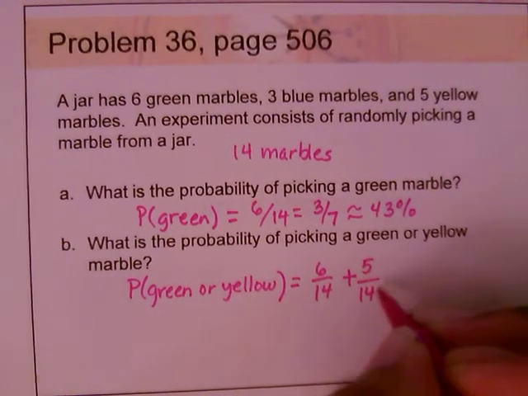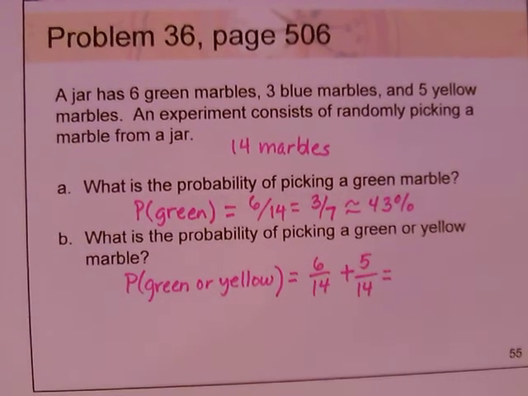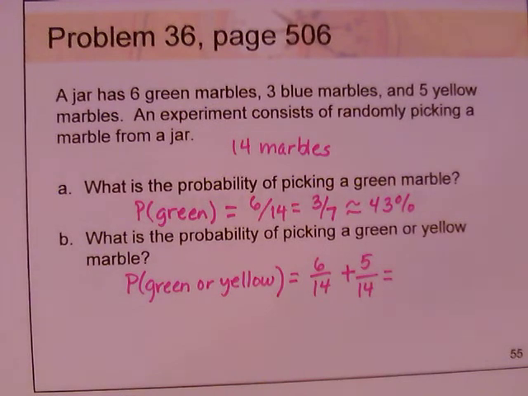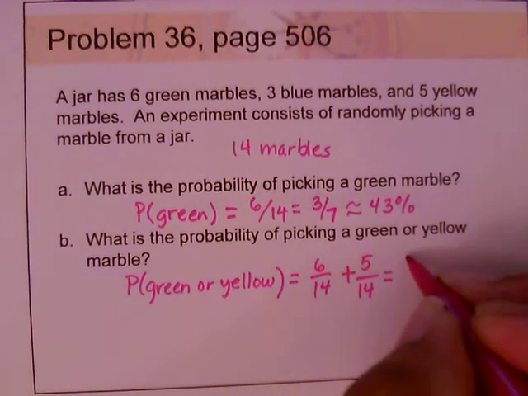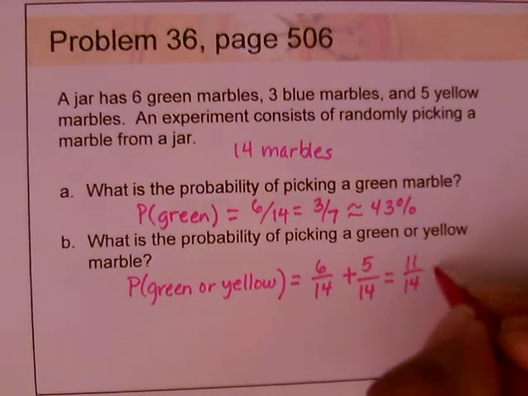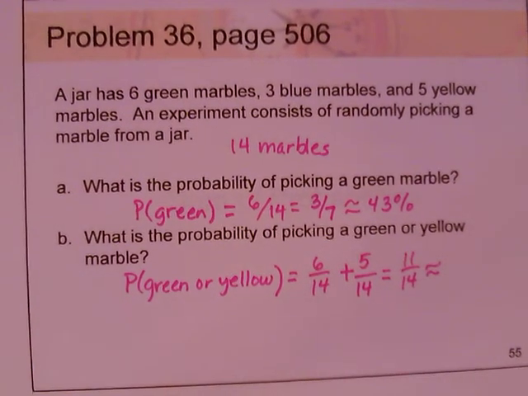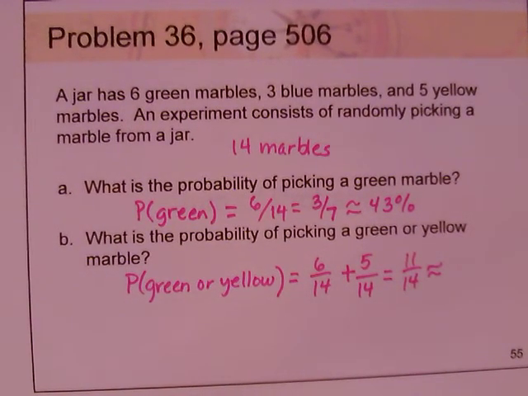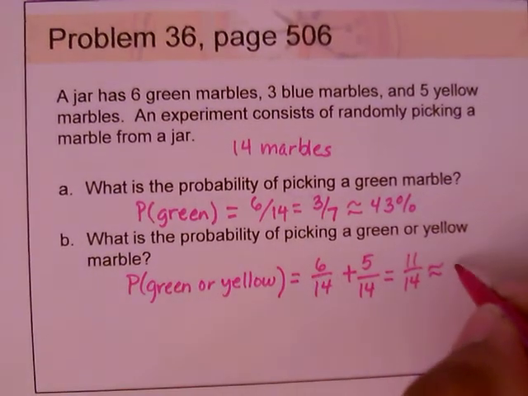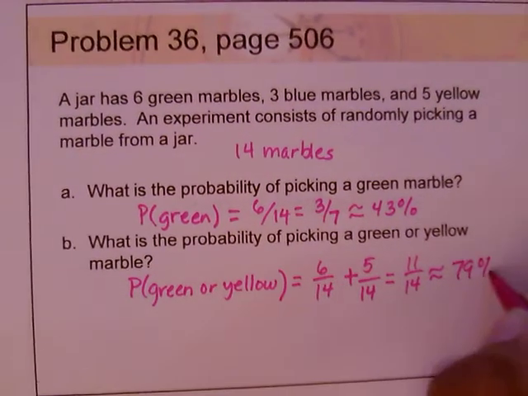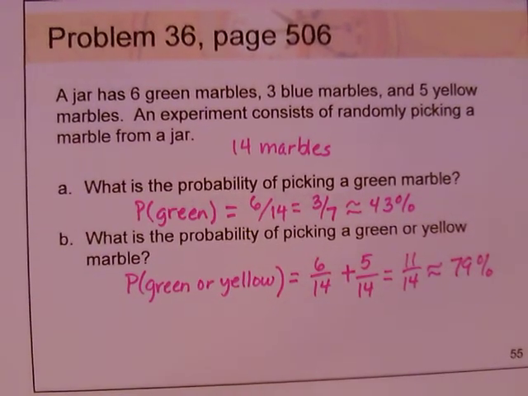So if I do 6 14ths, add that to the 5 14ths, I'm going to get 11 14ths. And 11 14ths, if I write that as a percent, 11 divided by 14 times 100, this will be approximately, to the nearest whole percent, 79%. So the probability of picking a green or yellow marble would be 11 out of 14, or 79%.